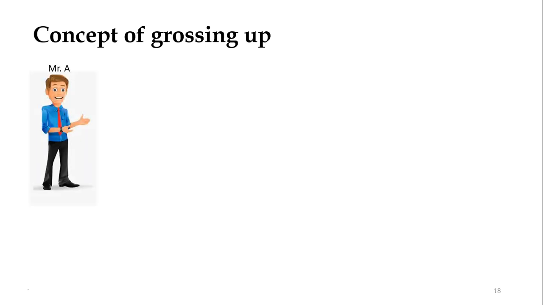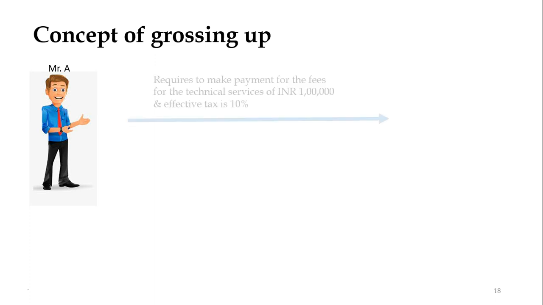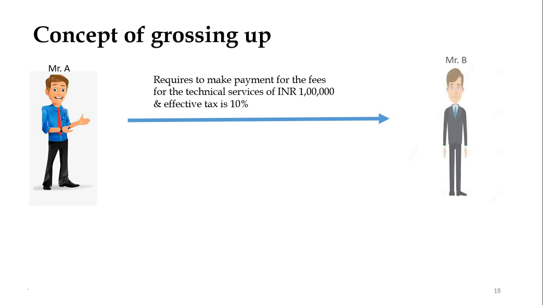So suppose Mr. A is a person who has taken services of fees for technical services from another person, Mr. B, and for that fees for technical services, Mr. A is required to make a payment of INR 1 lakh rupees to Mr. B. Mr. A has checked the provisions of the Income Tax Act, and according to that the effective tax rate for TDS purposes is 10%.